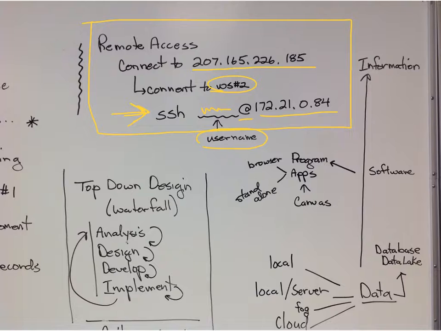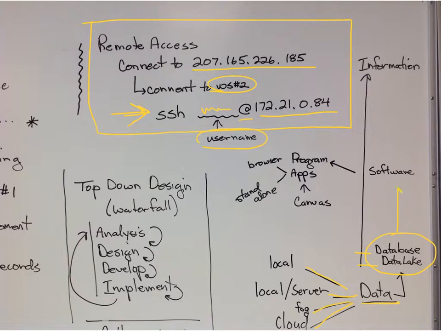In here, we talked about data. It could be stored locally, on a local server, in the fog, in the cloud. And then from that data, we can have databases or data lakes. Data lakes are like a more comprehensive way of storing everything. A database is what we're working on, what we're learning about.